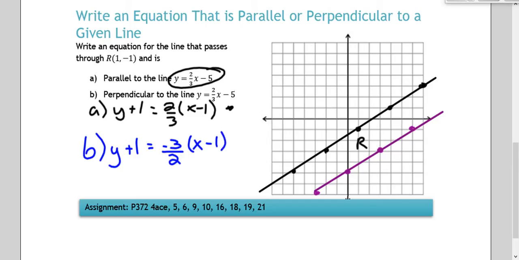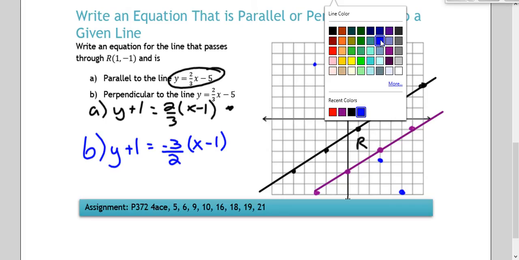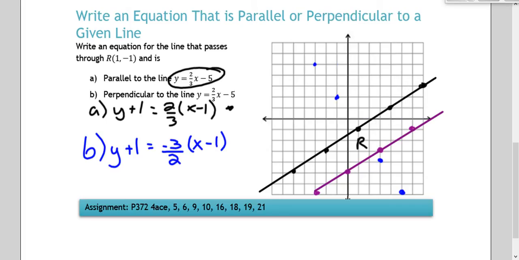So then if we went down 3 over 2, down 3 over 2, up 3 over 2, up 3 over 2, and drew a nice straight line through that, that line should be perpendicular. Okay, so that's the nice thing about using the slope-point form when we want to find stuff like that.